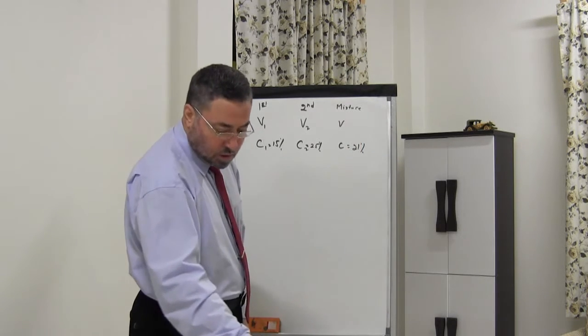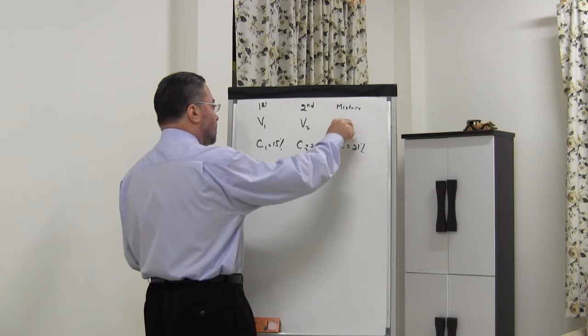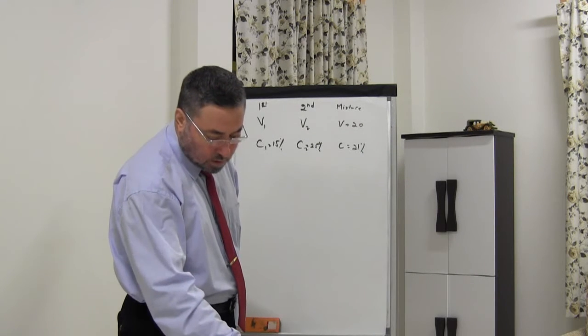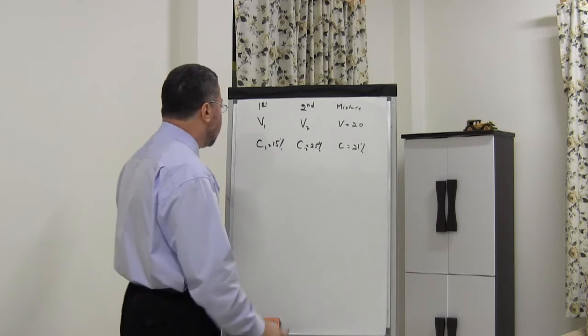And the volume of the mixture is 20 gallons. And now we need to get the gallons of each solution here.